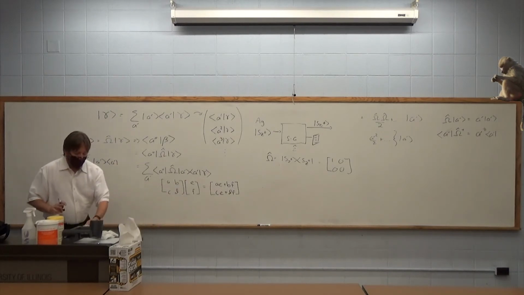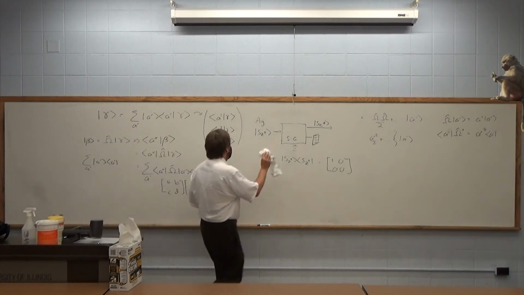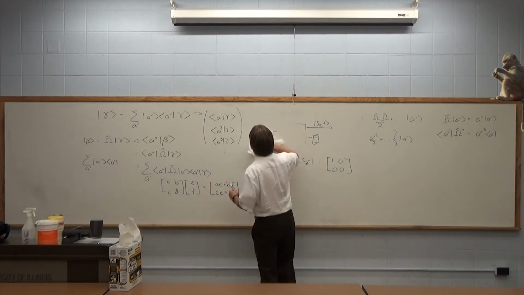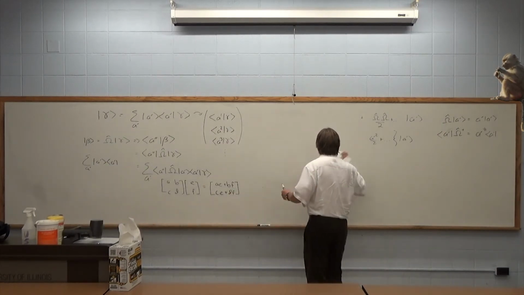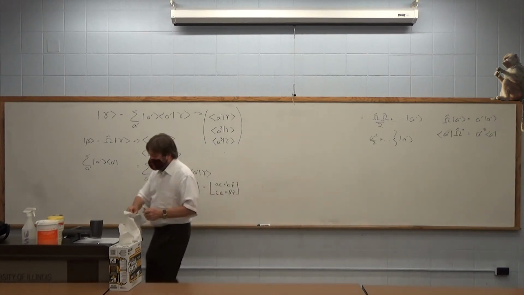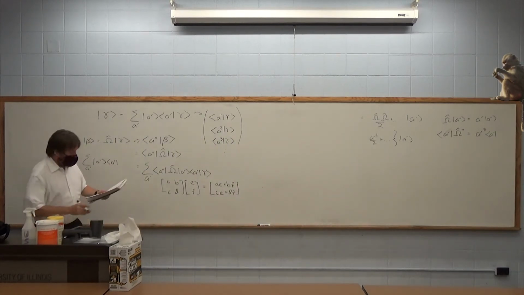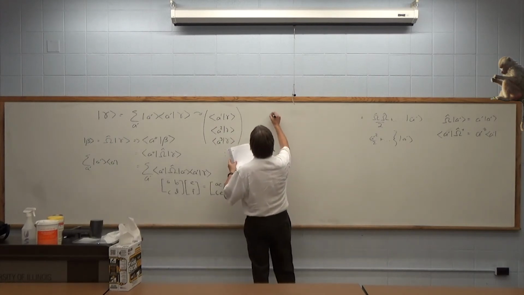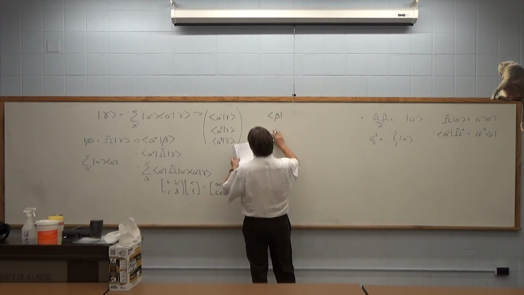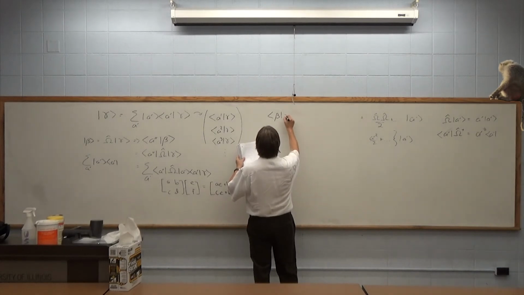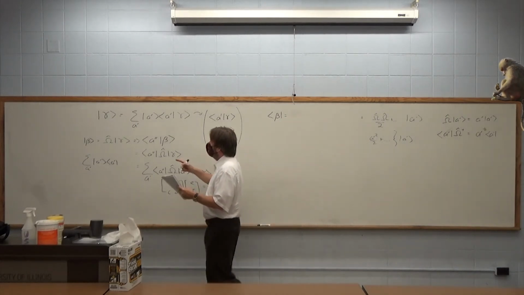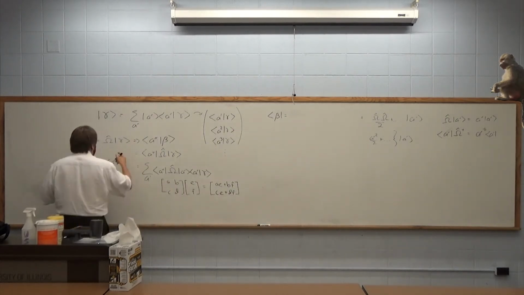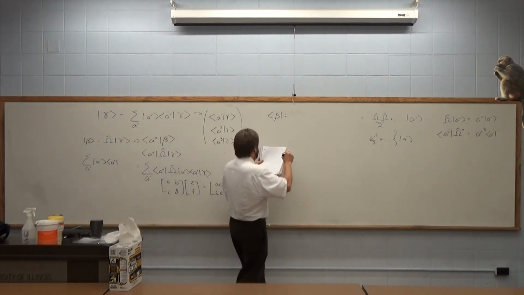Okay, more practice. I still haven't gotten to what a bra is. A bra is obviously a row vector, but let me prove it. A lot of what I'm doing here is trying to get you used to looking at your bra-ket notation and seeing matrices. Before I had all this in ket space, so let's do it all with bras now.